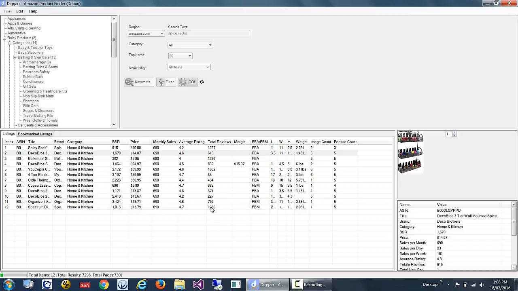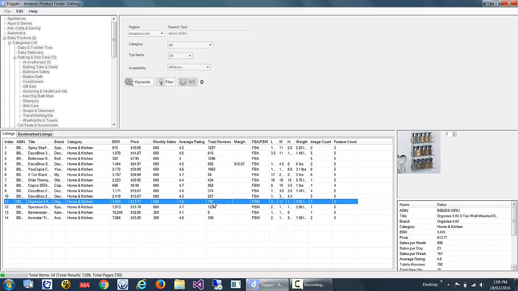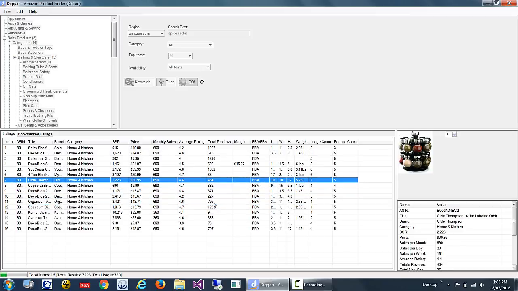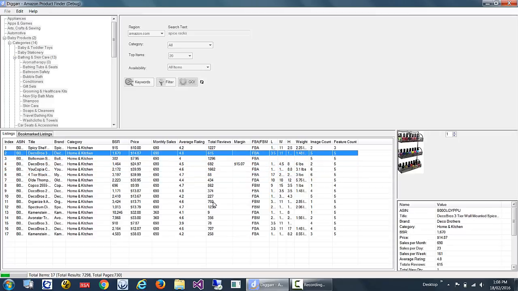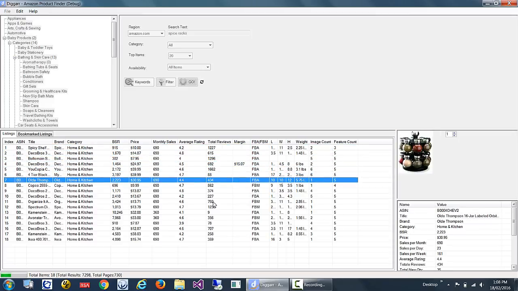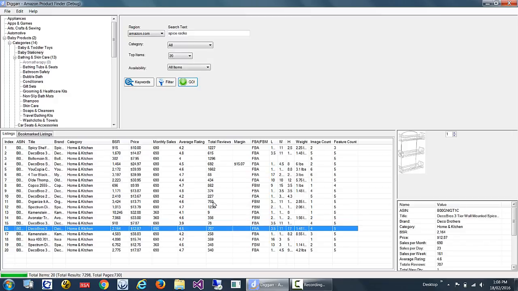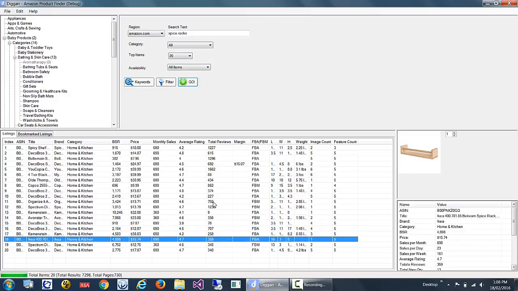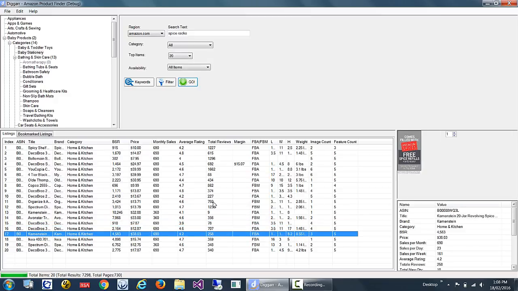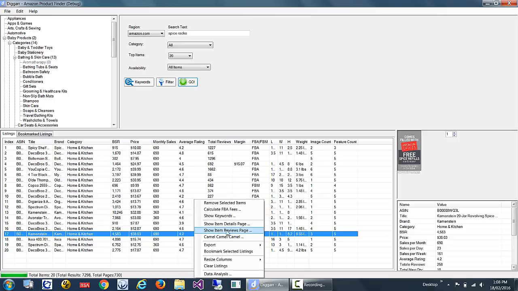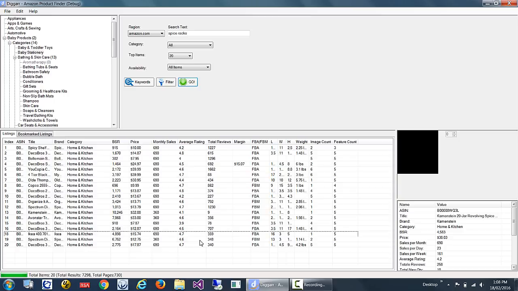Okay, so here we're going to get a lot more values. All these are spice racks. Now this one here is not really a spice rack, so I'm going to right click and remove it. I'm just going to say remove selected item.